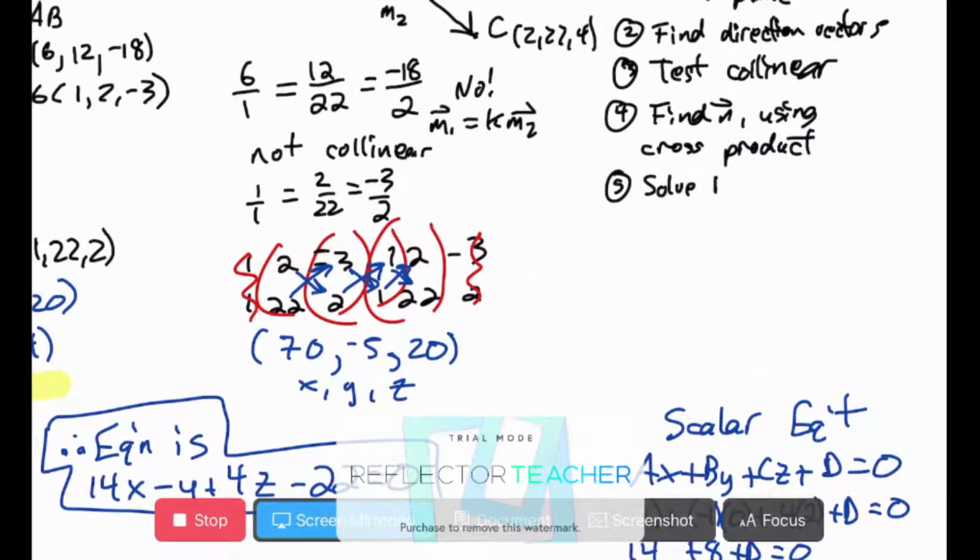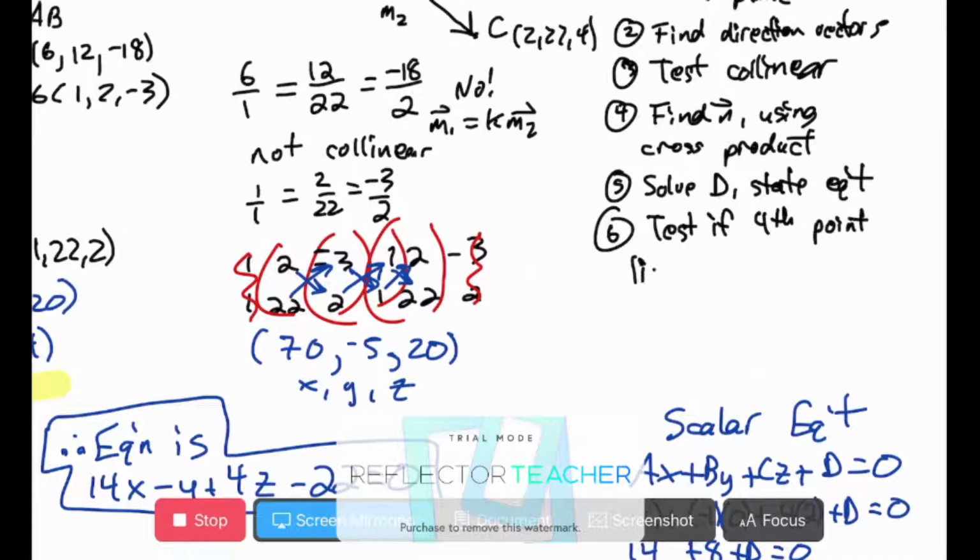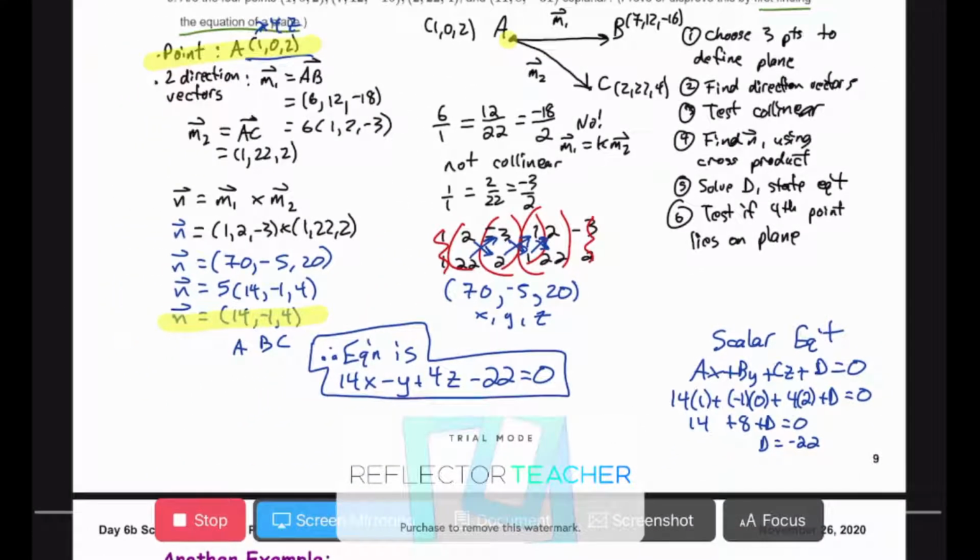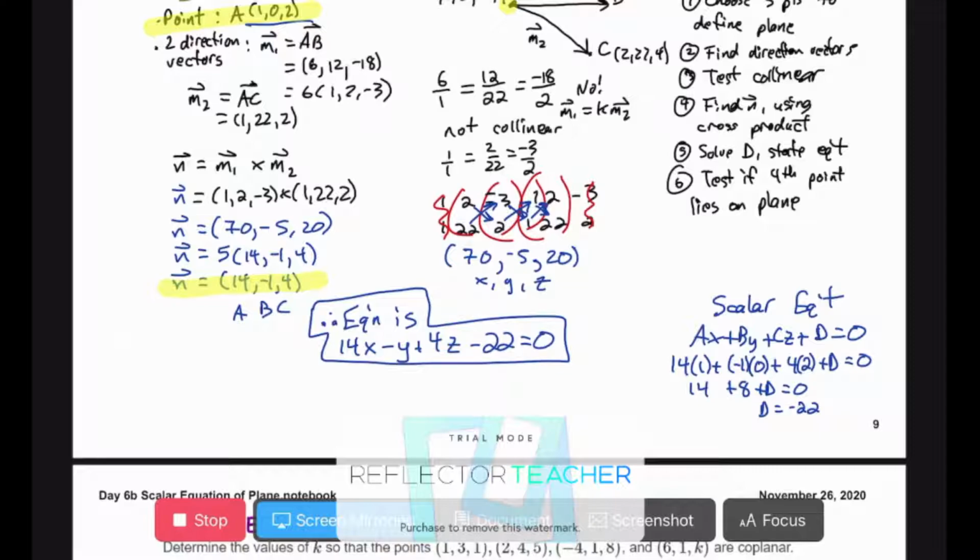Solve for d and state the equation. And 6, test if the 4th point lies on the plane. So we've defined a plane. We know our 3 points were non-collinear. We defined a plane. Now let's see if that last point number 4 lies on the plane using a left side, right side check.